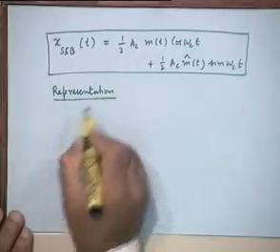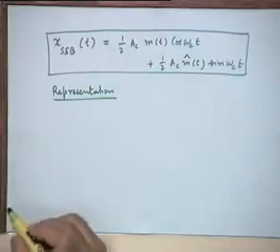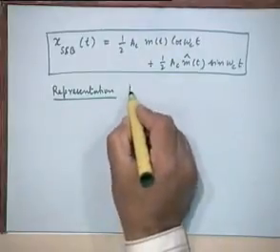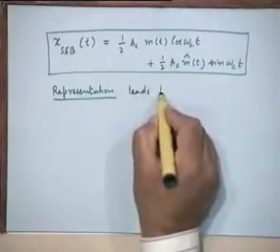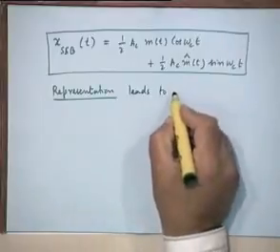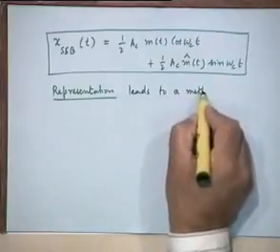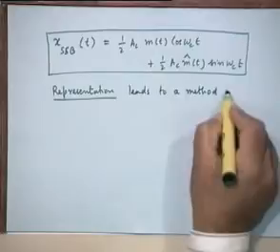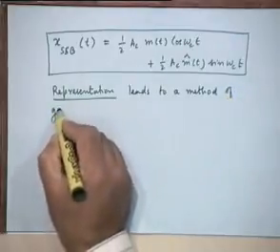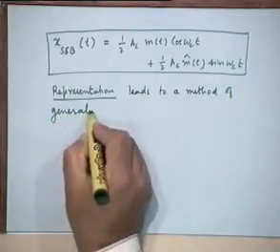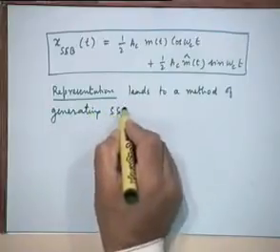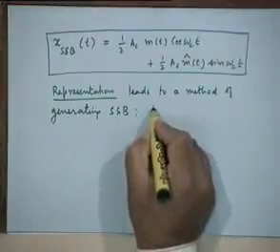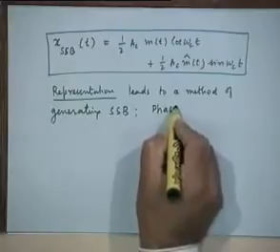Now this representation, the mathematical representation of SSB signals that I was talking about, leads to a second method of generating SSB waveforms. That's called the phasing method.